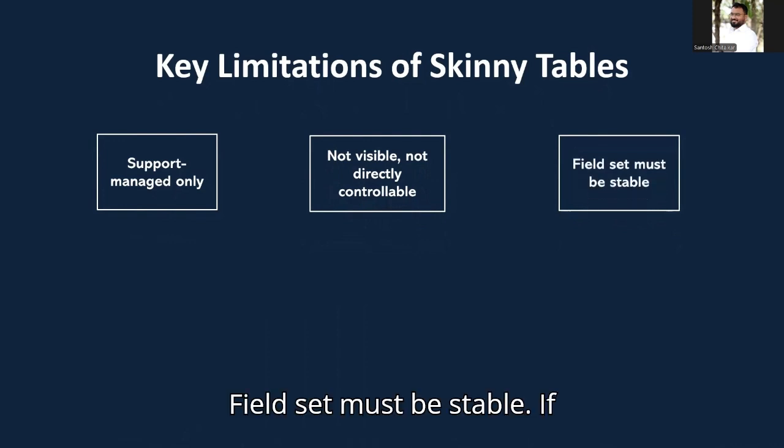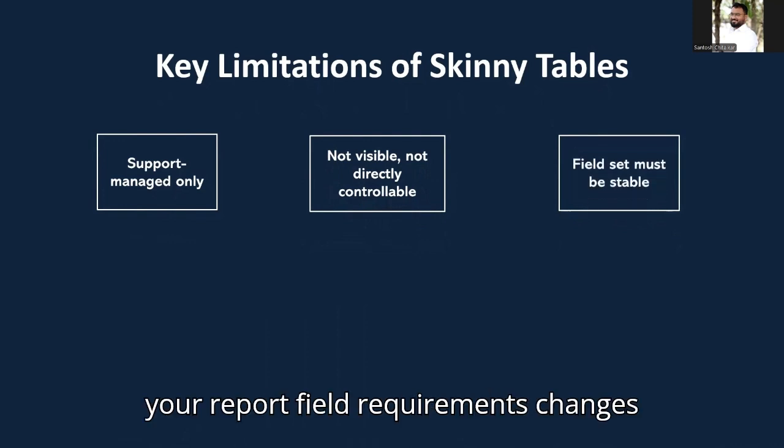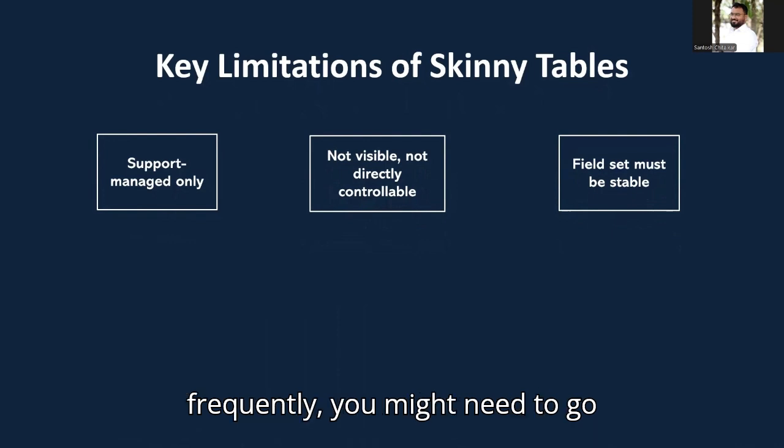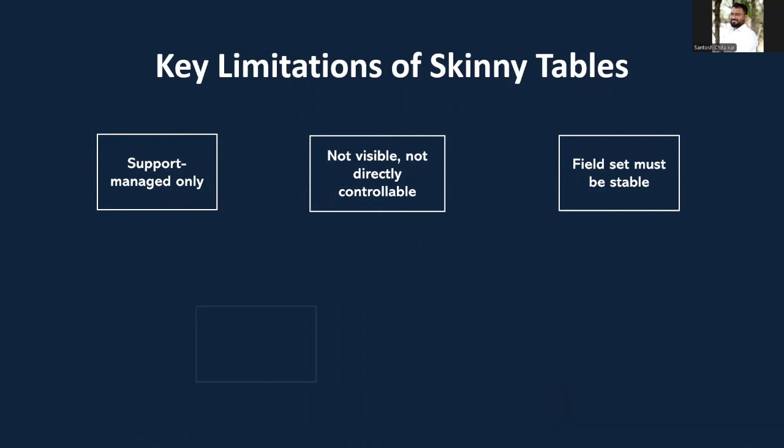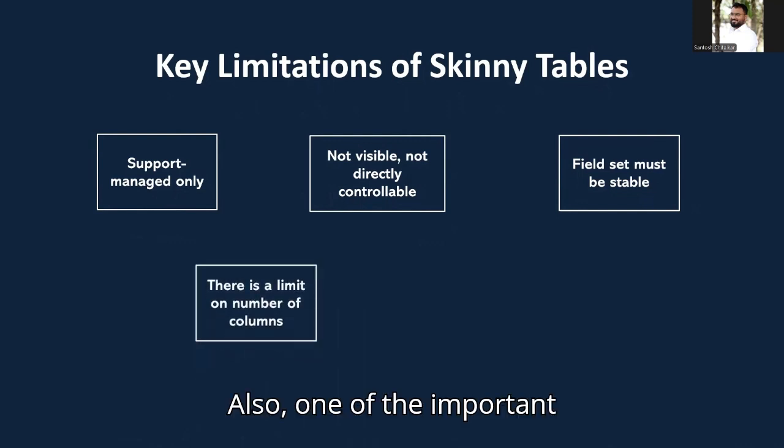Field set must be stable. If your report field requirements change frequently, you might need to go back to support to adjust the skinny table. That's the reason if you are deciding to use skinny table, you should have the field set stable. Also, one of the important limitations is you cannot have unlimited fields.